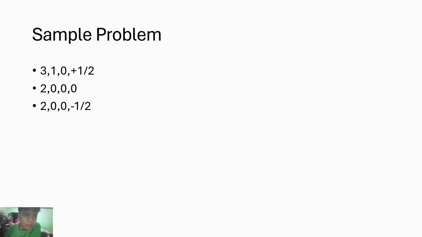So, a sample problem. Your goal is to find which one is probable. This is our N. This is our P, your L. So what is the corresponding L? If we have S, P, D, and F, it is 0, so 1. So this is a P orbital and 0.